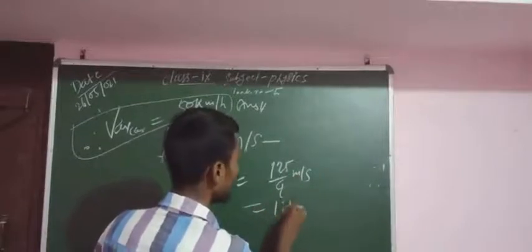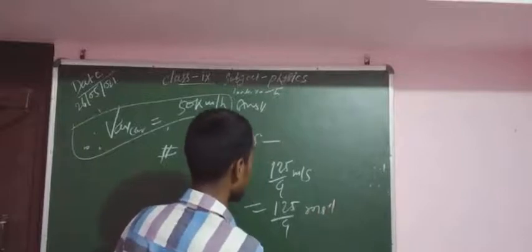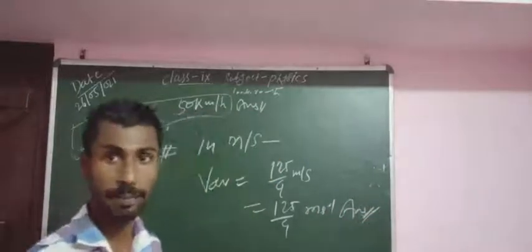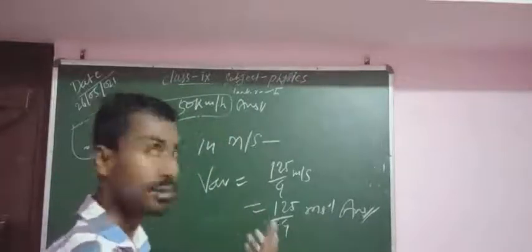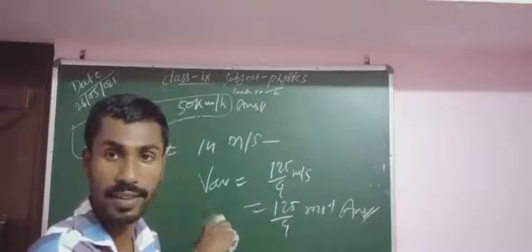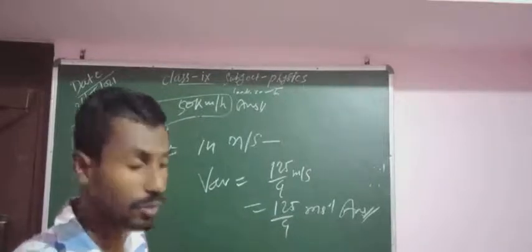This is the answer. So I think after this calculation you can solve all the questions which belong to this category. Any questions related to average speed, I think you can solve it.